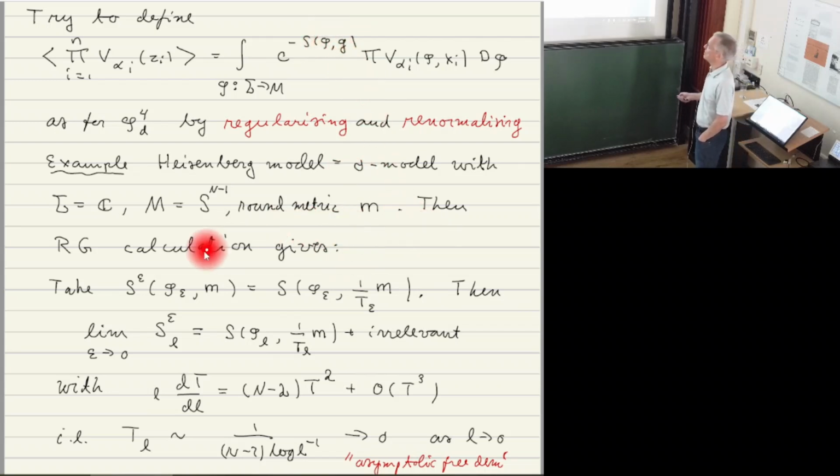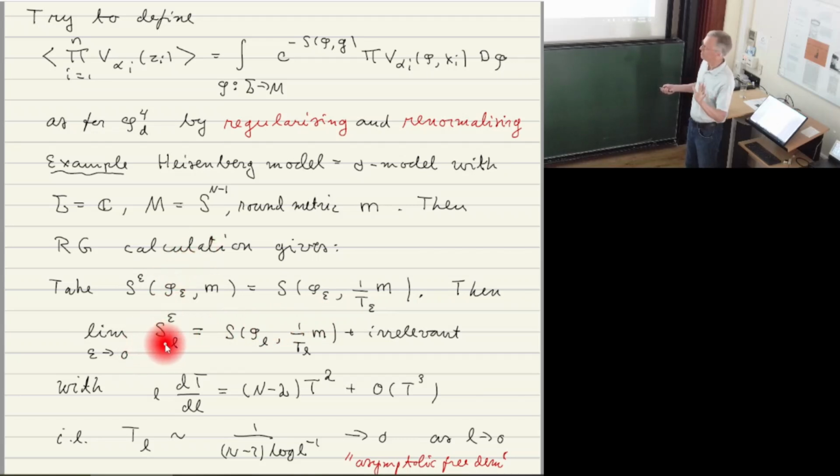And this calculation was done by Polyakov in the beginning of the 80s. And the answer was the following: if you put it on a lattice, for instance, with epsilon spacing, and you modify it very simply, you just multiply the metric by an epsilon-dependent number. Then if you choose this number in the correct way, you expect the following.